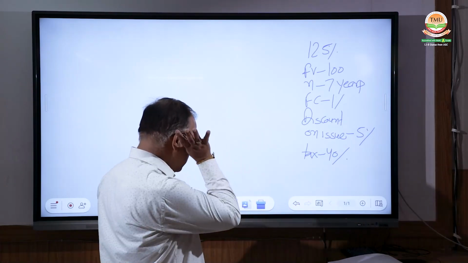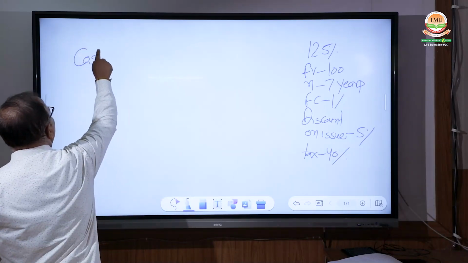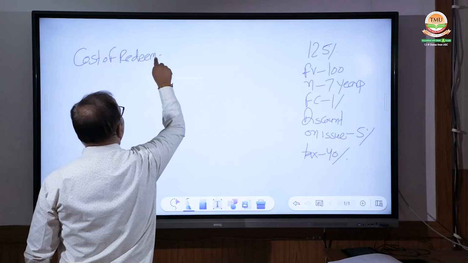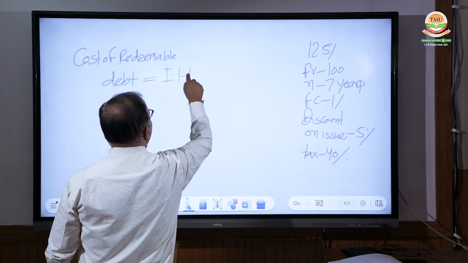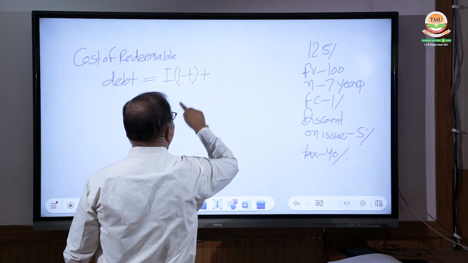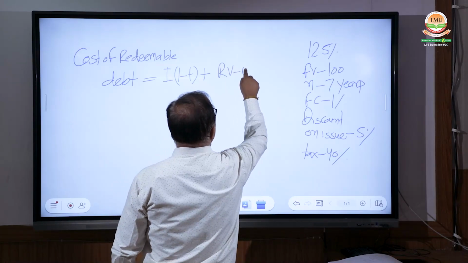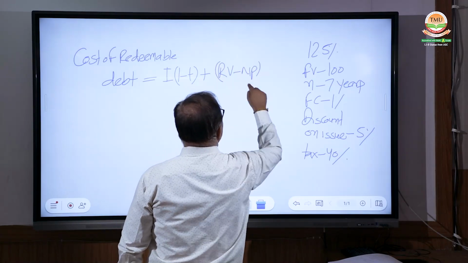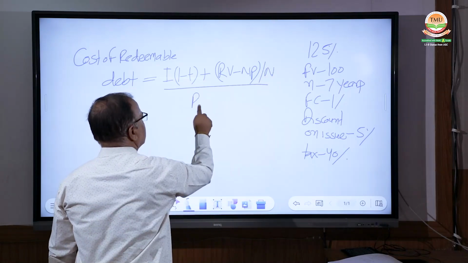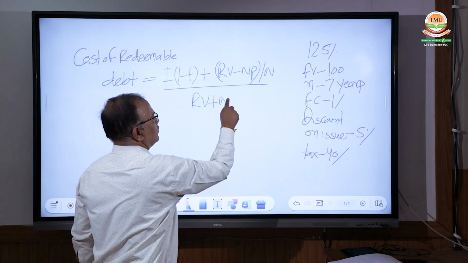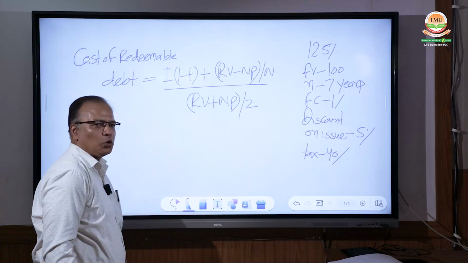Now, use the formula: cost of redeemable debt is equal to interest into 1 minus t plus redemption value minus net proceed divided by n, divided by redemption value plus net proceed by 2.